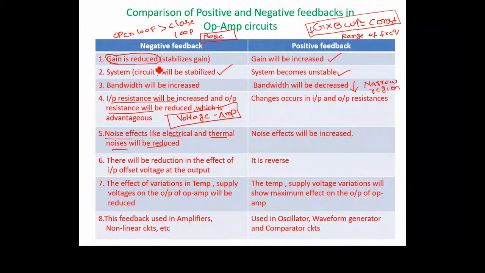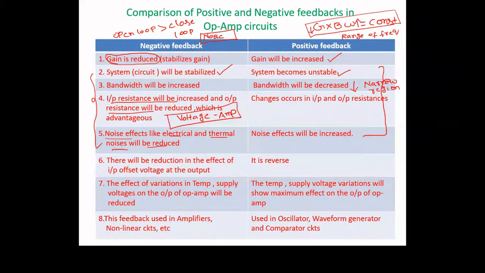So one major advantage of the negative feedback is that the gain is reduced, and because the gain is reduced, all these things are happening. The opposite occurs in positive feedback. The gain is increased, so the system will get unstable, bandwidth also gets decreased and noise effects also increase. So all these are happening because of the gain parameter.